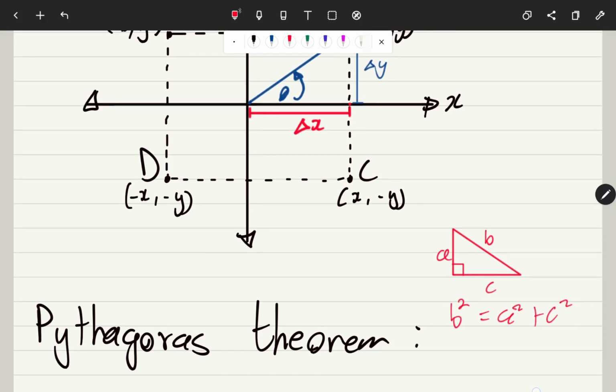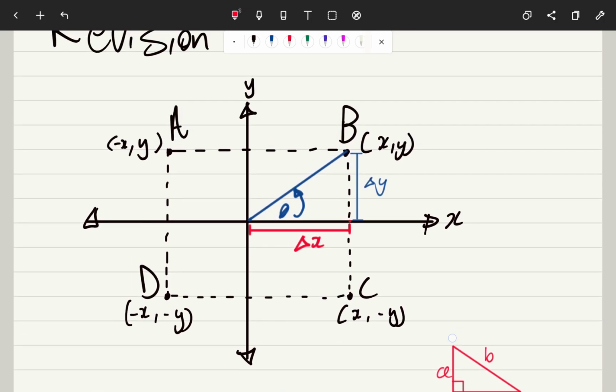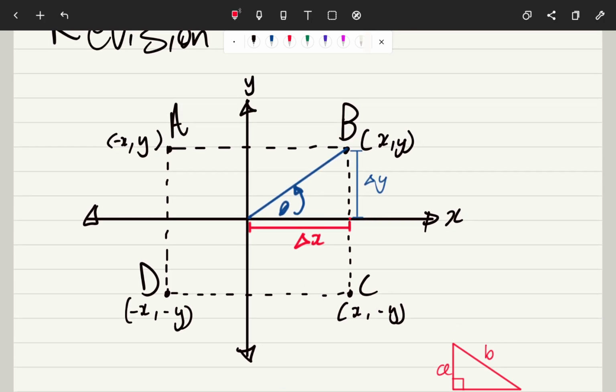So how are we going to apply the Pythagoras theorem on our Cartesian plane in analytical geometry? We already have point B there.